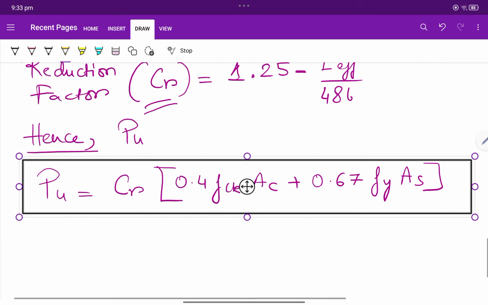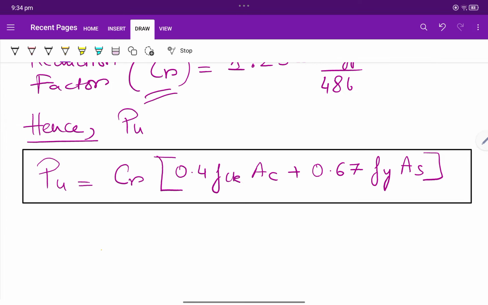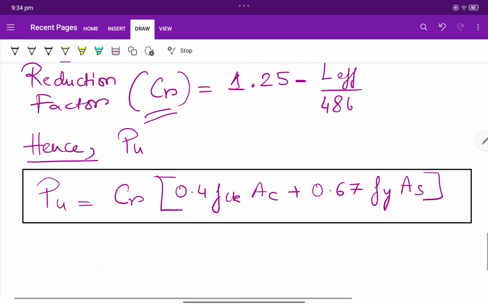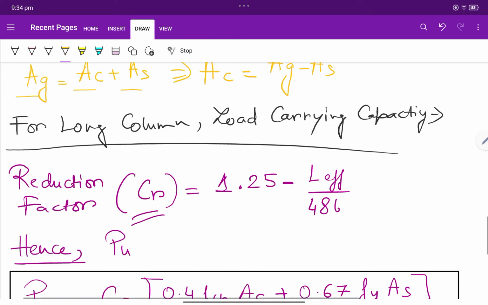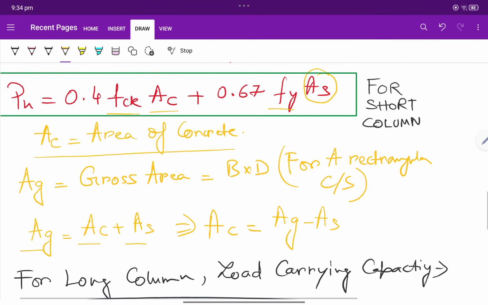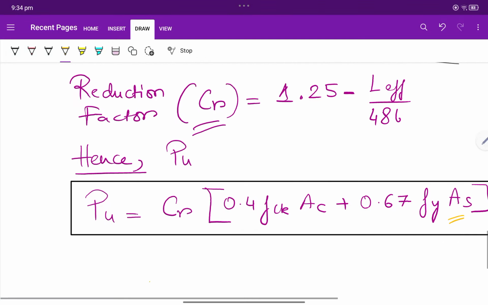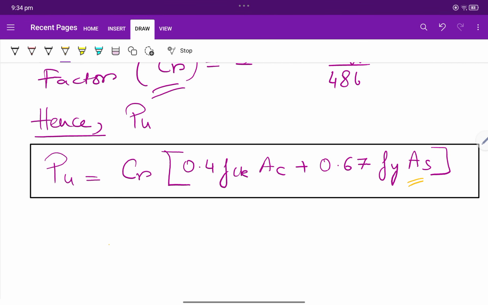Now we have to calculate the area of the steel. From this formula, for long column this, and for short column this, the area of steel will be calculated.